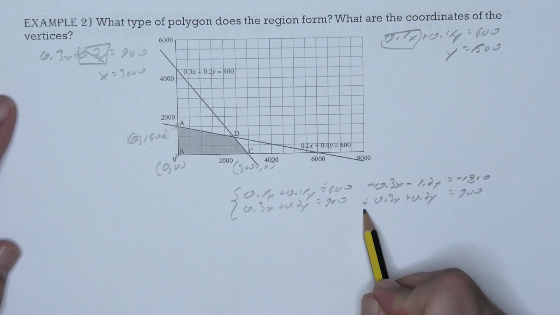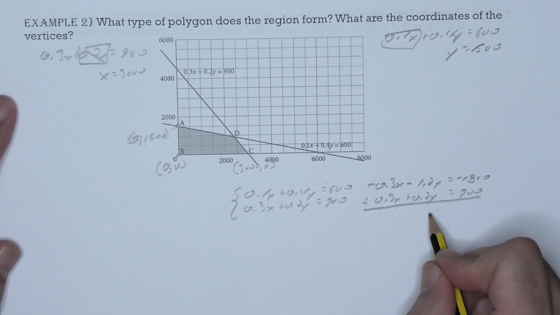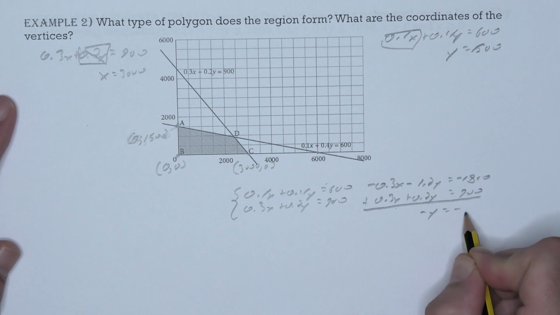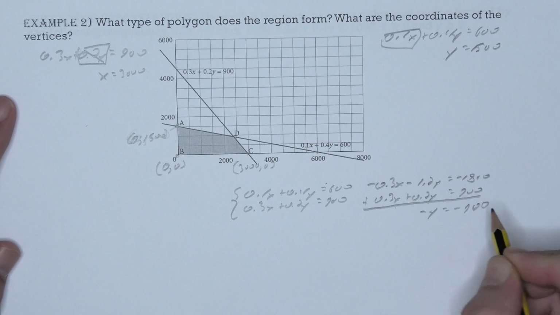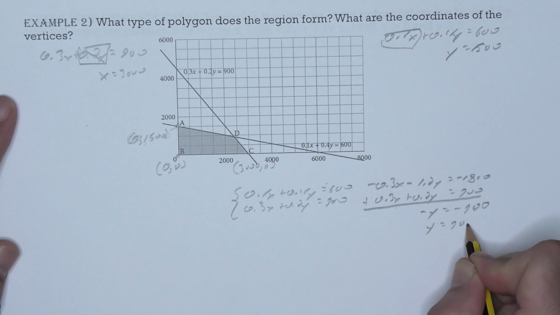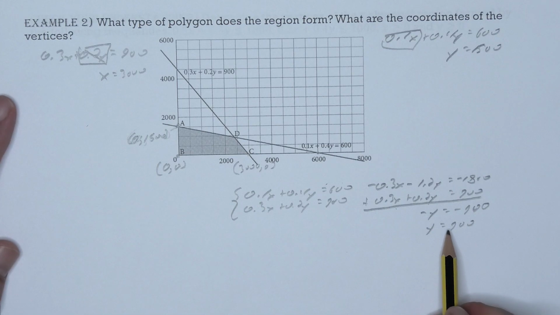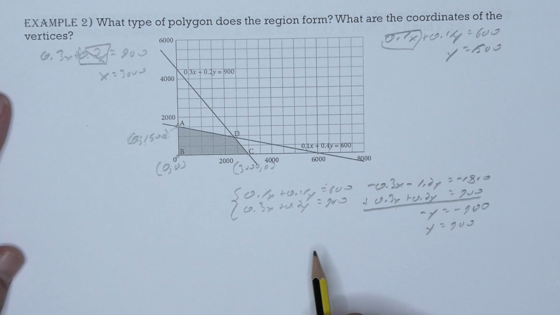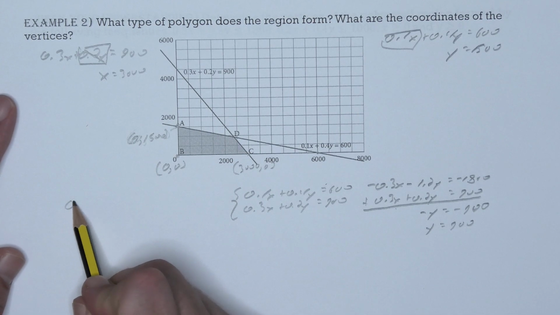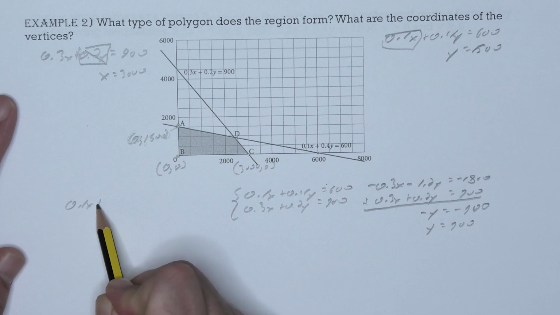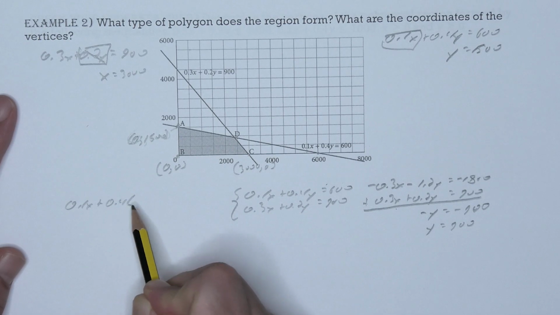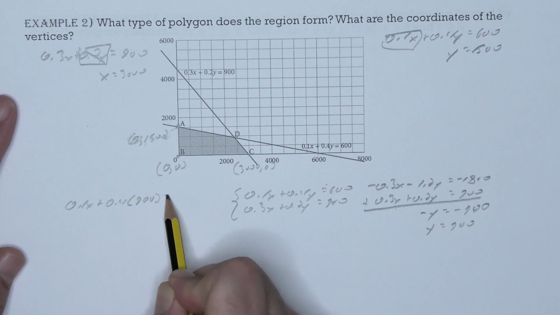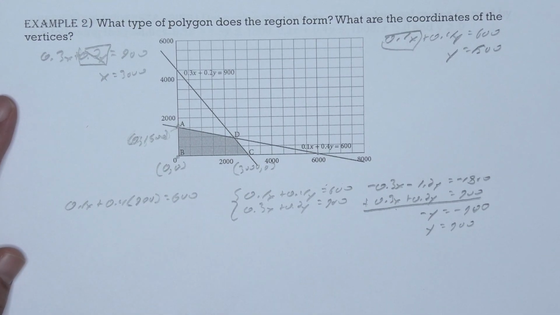We will add both of these equations together to give us negative y is equal to negative 900. So y is equal to 900. Knowing that y is equal to 900, we can substitute that into either equation. Let's take 0.1x plus 0.4 times y, which is now 900, and let that be equal to 600.